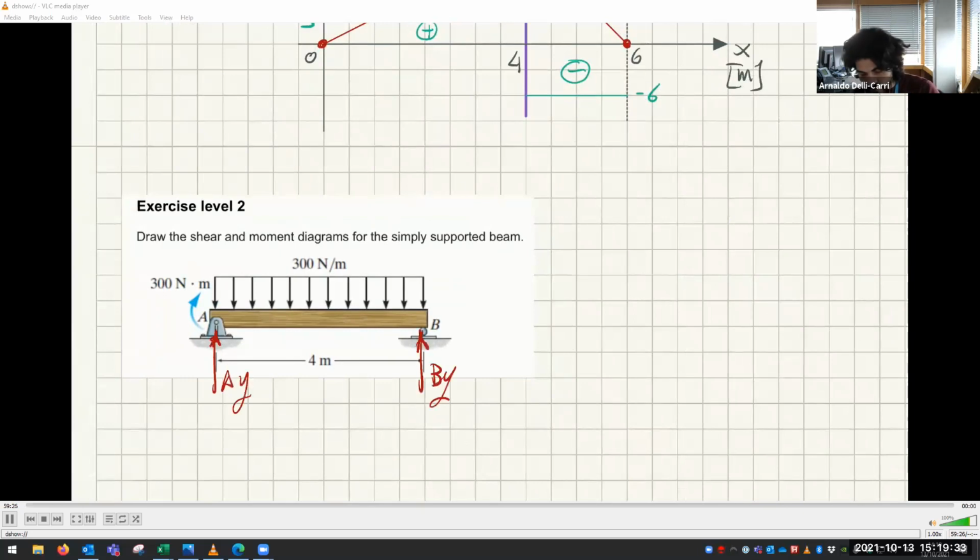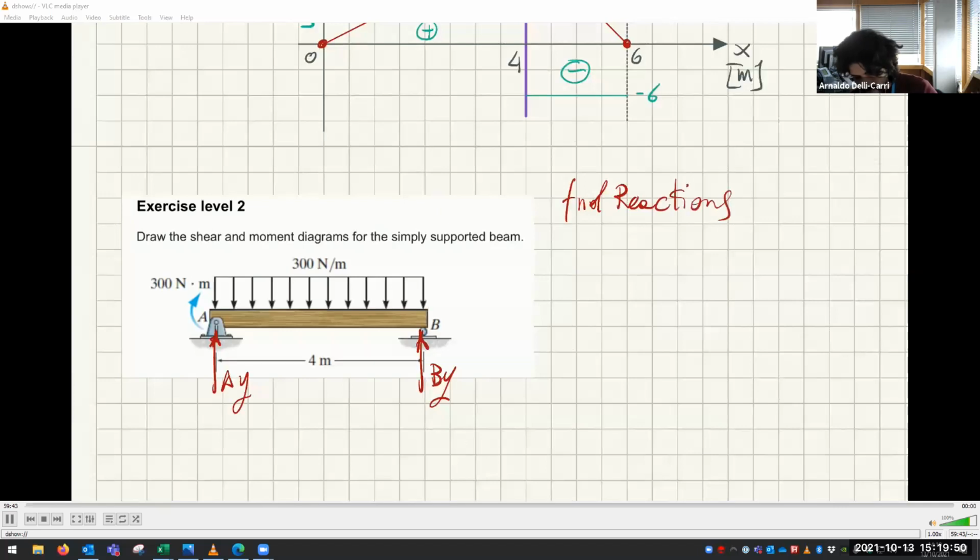And now let's use the equilibrium equations to find reactions first. So how do we find the reaction forces here for this beam?